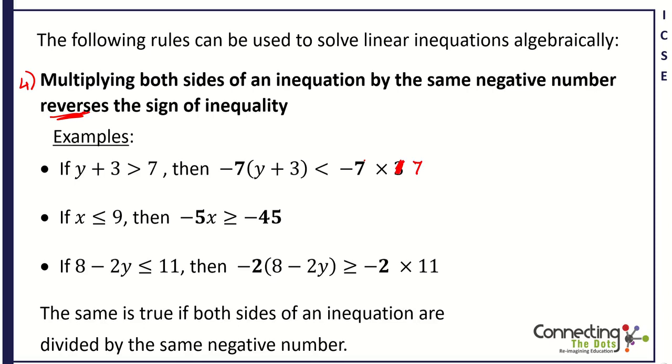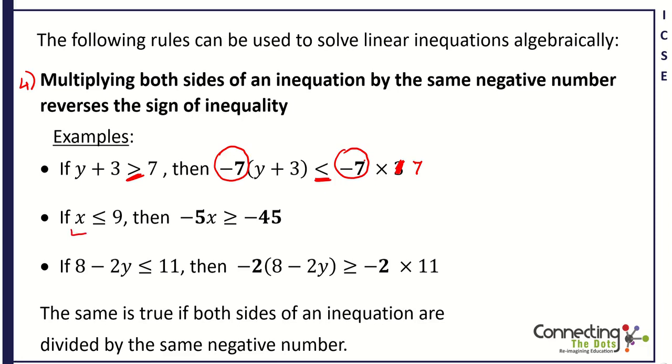So what do we see here? We see that y plus 3 is greater than 7, and I'm multiplying both sides of the inequation by the same number, negative 7. So what happens when I multiply both sides by a negative number? What was greater than here has become less than. It reverses the sign of inequality.